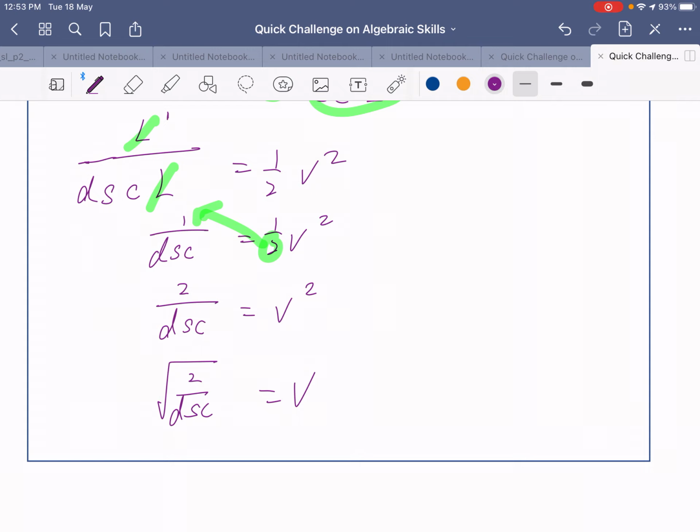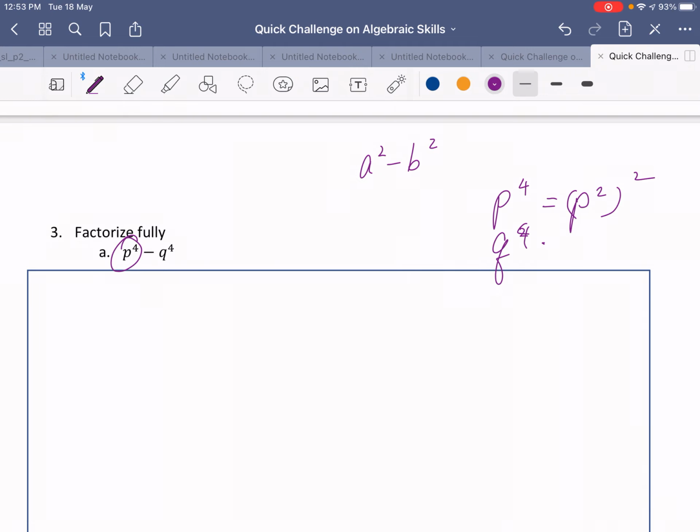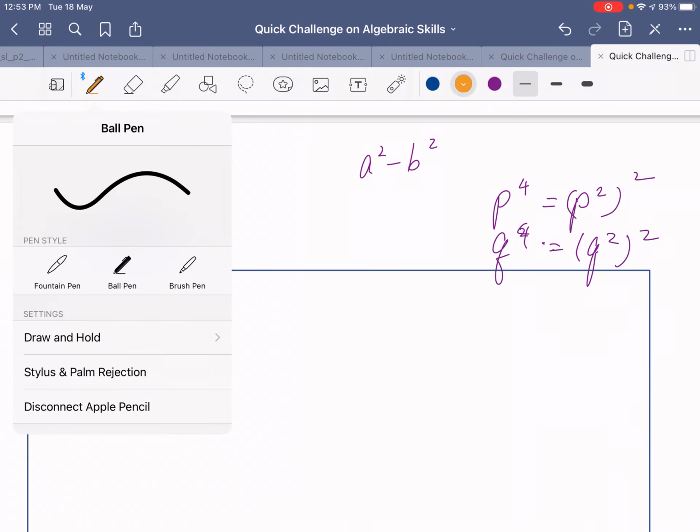Nice and easy. Moving on, we got something a bit more tricky, but similar. The 2 terms, I will be thinking of a squared minus b squared. But this is a power of 4. So I would be thinking of p squared squared and q squared squared. I'm going to do it bit by bit.